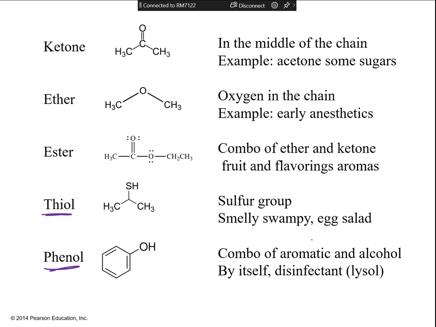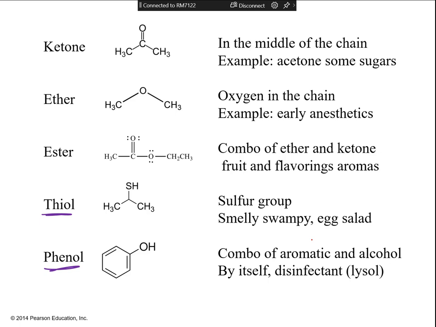Esters. Esters are really kind of a combination of a ketone and an ether, because an ester has two oxygens, so it's kind of like a carboxylic acid. It has two oxygens, but it's in the middle of a chain, not on the end. Carboxylic acids are always when you have those two oxygen groups on the end, and an ester is in the middle. Most of your fruit smells, fruit flavorings, like cherry and apple, those are all esters.